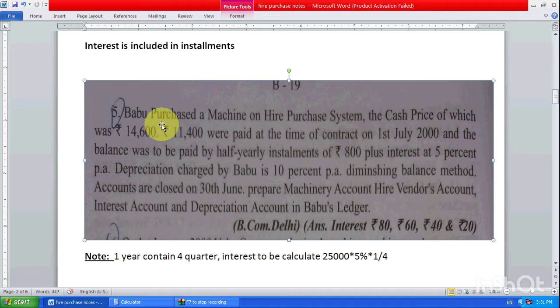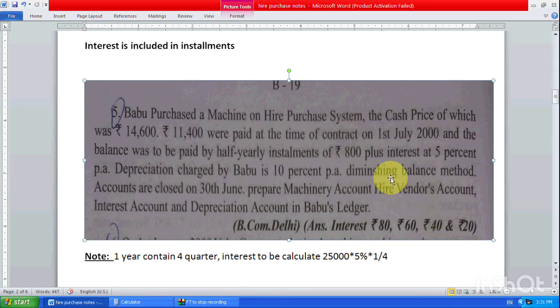Fifth question. Babu purchased a machine on hire purchase system, the cash price of which was 14,600. 11,400 were paid at the time of contract on 1st July 2000, and the balance was to be paid by half yearly installments of 800 plus interest at 5% per annum.